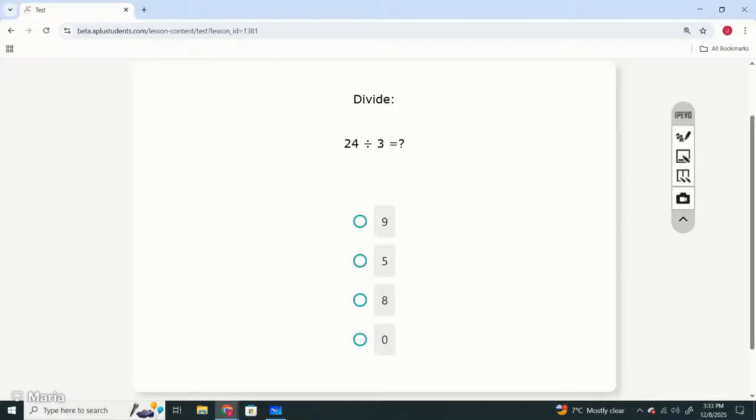Okay, the next one is 24 divided by 3. You need to count a table of 3 until 24. So which is the correct option? 3 times what number is 24?